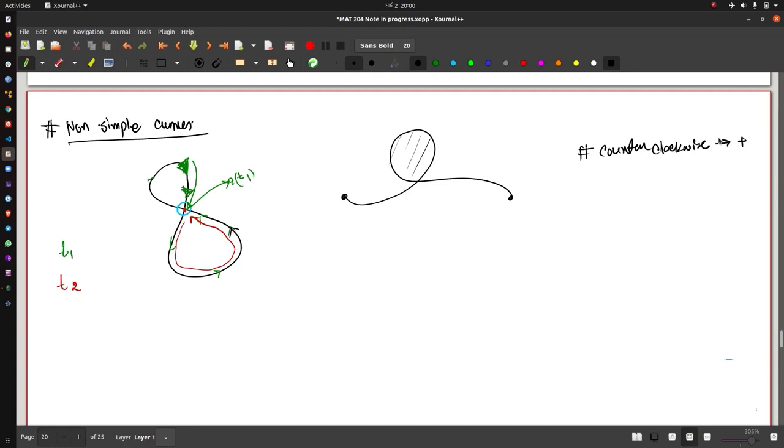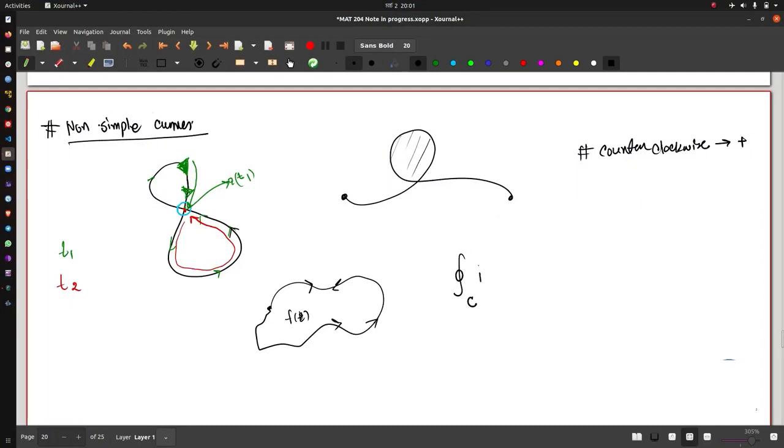Okay, so let's say you have this simple closed curve and you are trying to integrate something along this curve, right? You would denote it with a closed sign. This circle on the integration sign is not that important, but it actually means that it's a closed circuit integral or a closed contour integral.